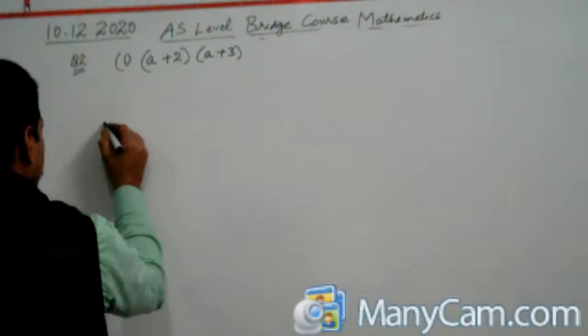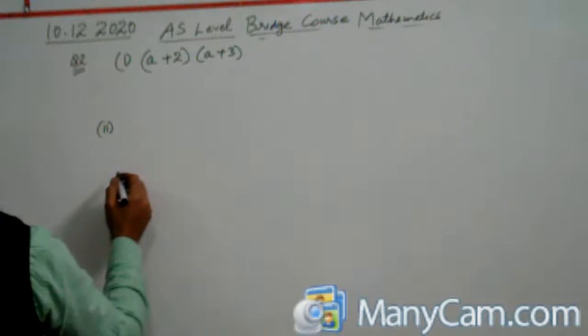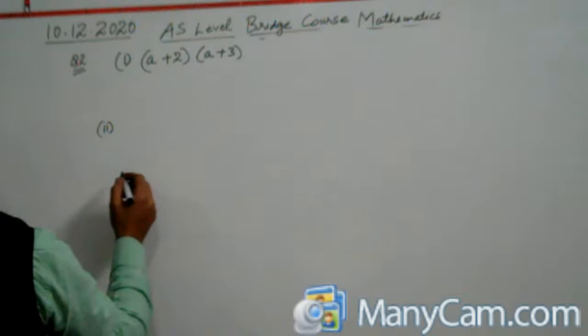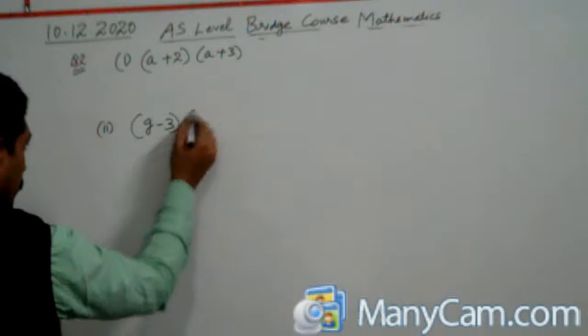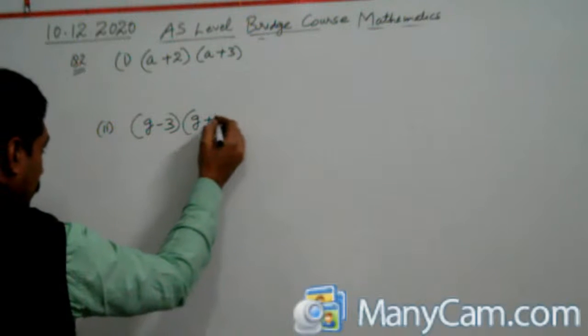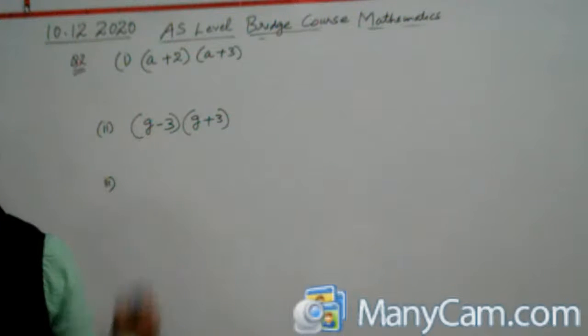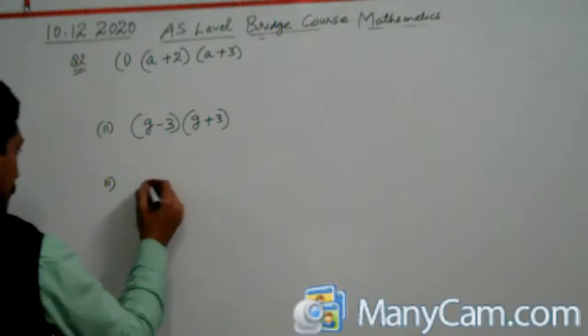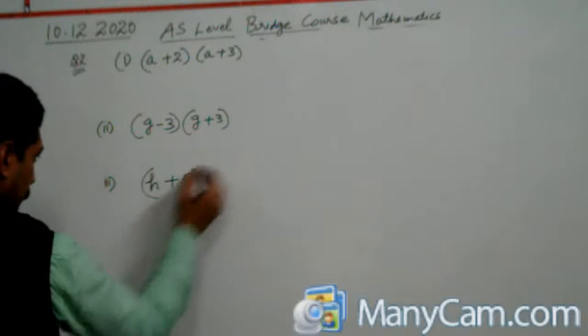Second part you can take g minus 3 into g plus 3. Third one is h plus 5 whole square.